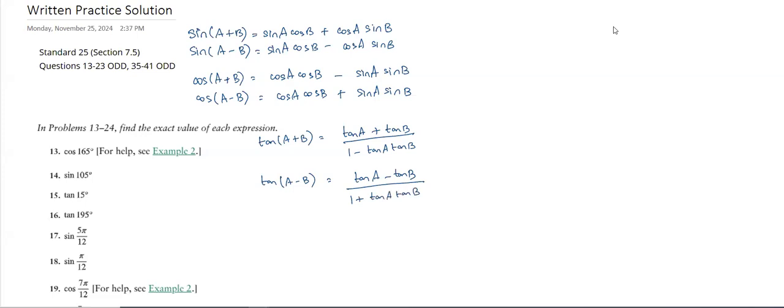So we are only going to use these formulas in all of the problems that you're going to see in this standard. So let's start with question number 13.